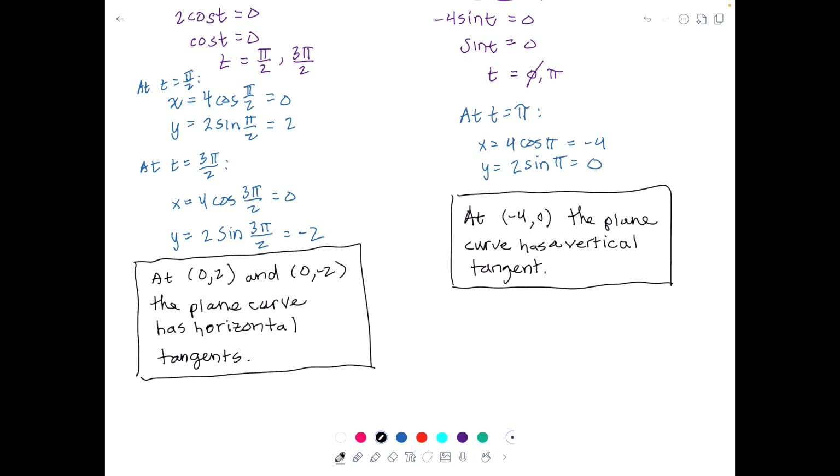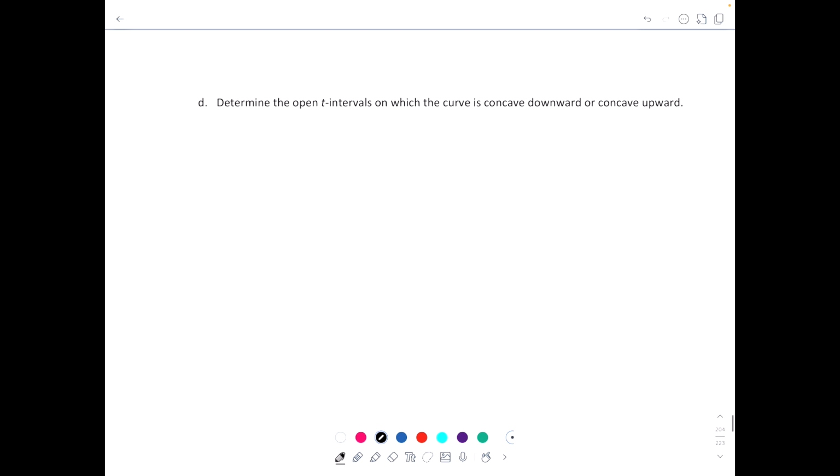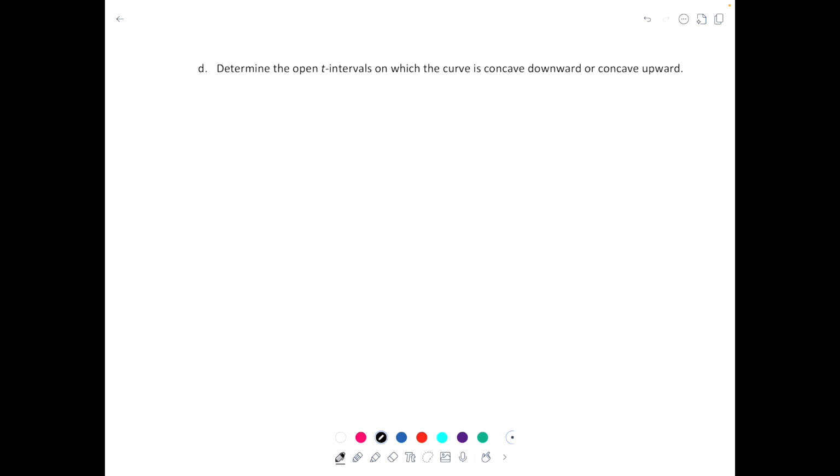All right. So next up, determine the open t intervals on which the curve is concave downward or concave upward. And so on this one, we want to use that second derivative and find the zeros of the second derivative. So if you recall, d squared y over dx squared was equal to negative 1/8 times cosecant cubed at t.